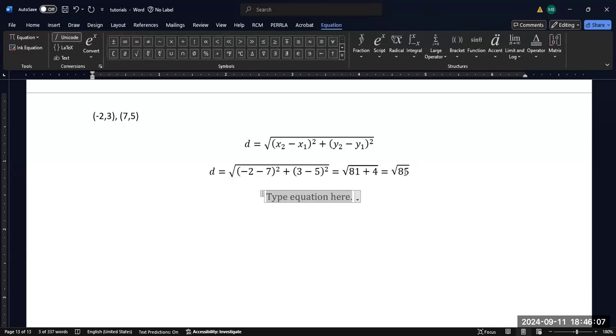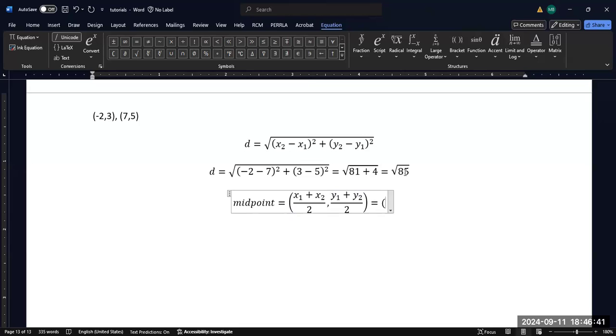And then the midpoint formula is basically just the average of the 2 coordinate points, the corresponding points. So it's going to be (x1 plus x2) over 2, and then it's going to be (y1 plus y2) over 2.